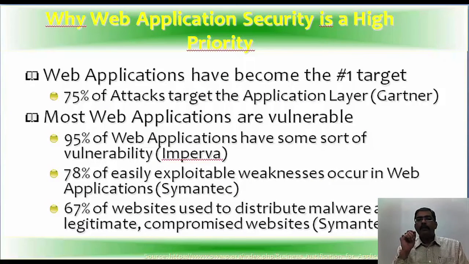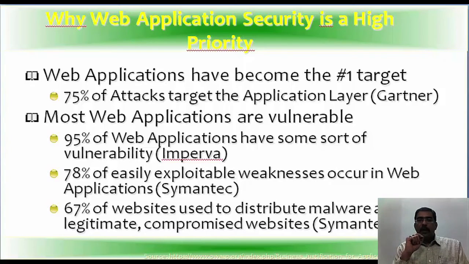After seeing those hacks, we ask ourselves, why is web application security a high priority? Web applications nowadays have become the number one target. 75% of the attacks target the application layer, as researched by Gartner.